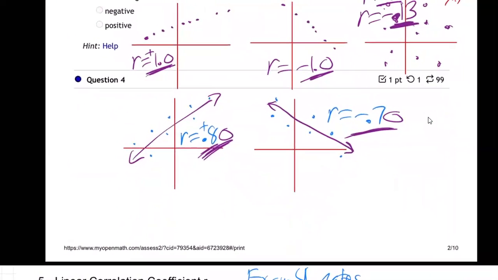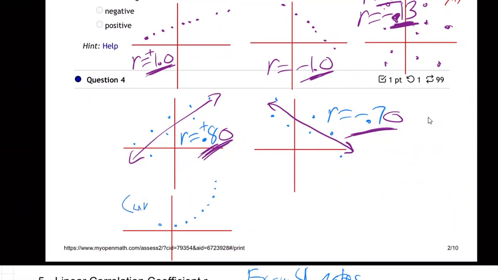Now, also, one more situation I need to show you about. What if the dots do something like a clear curved pattern?